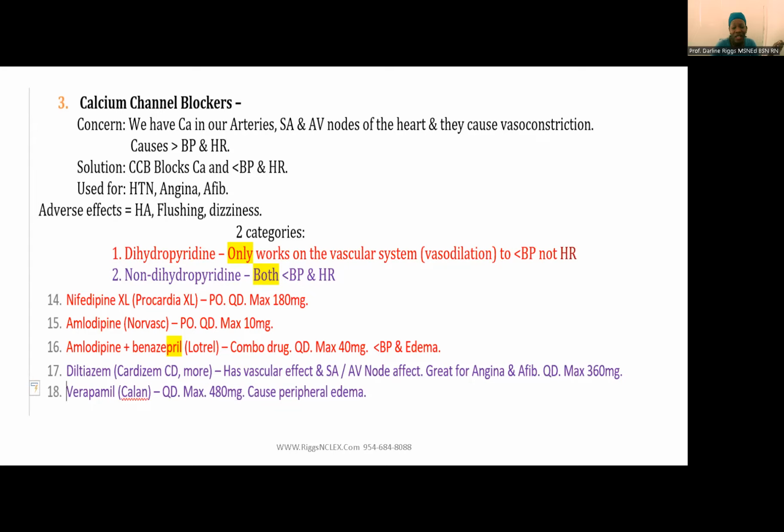Okay? So if a client has both problems, nifedipine, amlodipine is not for them because this is not going to have any effect on the heart rate. So repeat: your dihydropyridines, those calcium channel blockers, only lower the blood pressure.